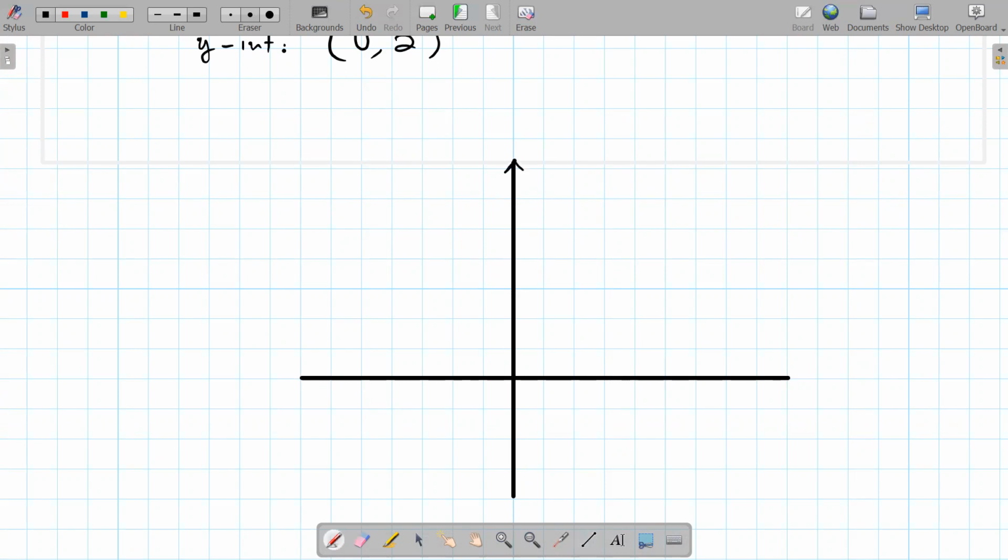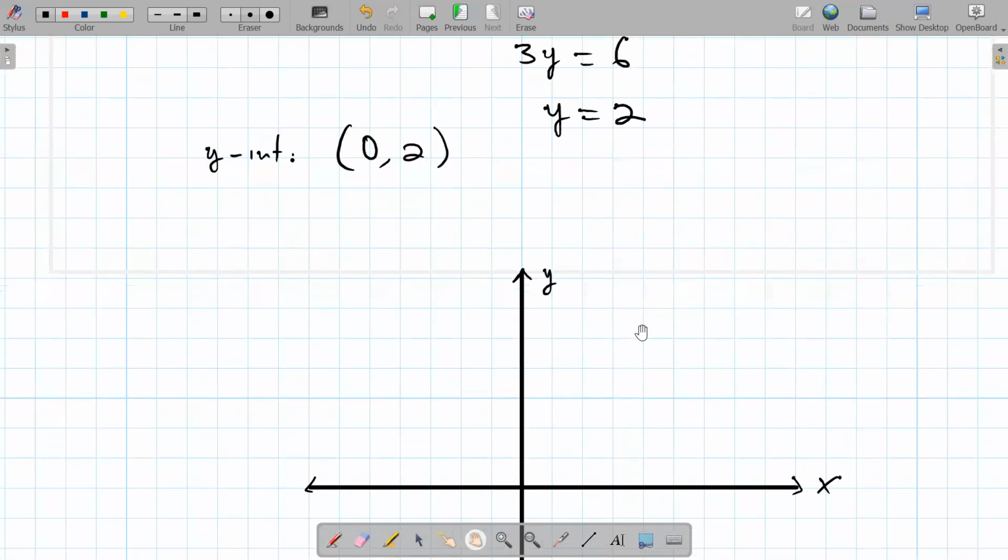This is my y, this is my x. Remember that we have two ordered pairs.